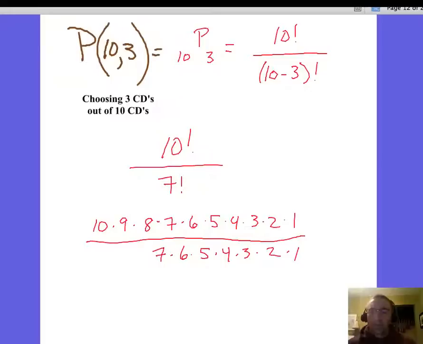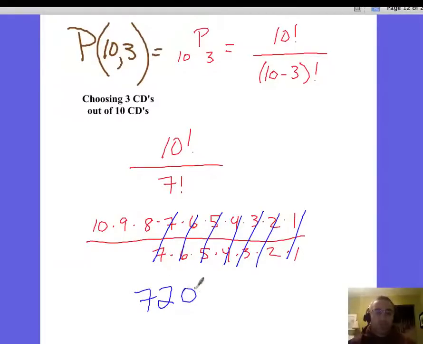Now notice, however, that I can do some simplifying here, some dividing out. So by writing this out, the problem becomes quite easy. 10 times 9 times 8, 720 ways. Awesome. Everybody okay? Great.